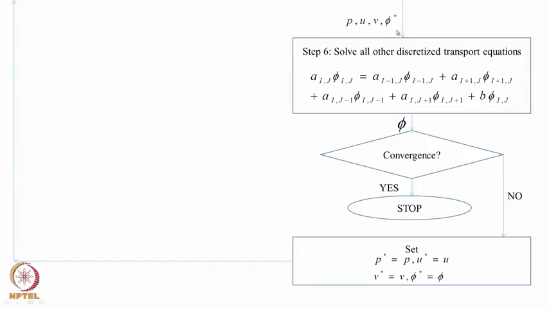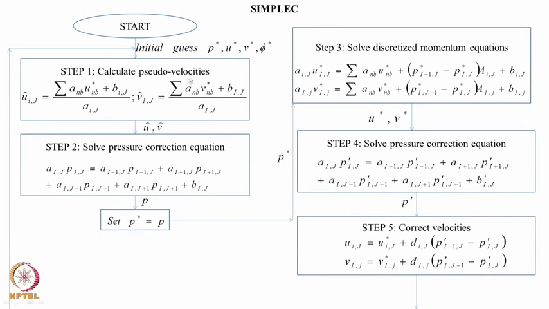For any other scalar phi, again you solve the discretized form of the transport equation for the variable phi, and you check for convergence and you stop if convergence is satisfied. Otherwise repeat this procedure, going back to the first step, that is again starting from the guess value and proceed.